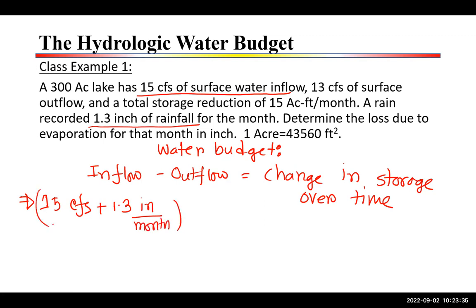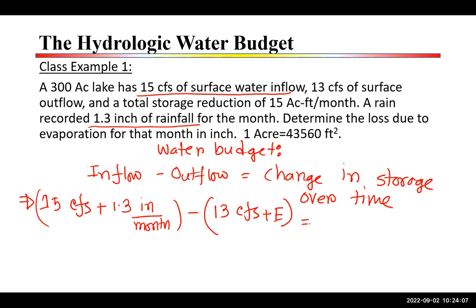I will not do anything with the unit first. I will just write it down the way it is, and then we will think what should be the best way. I don't think we have any other inflow. Now we have outflow, which is the surface outflow, 13 CFS. At the same time, since they are asking you to find loss due to evaporation, that is another outflow, right?